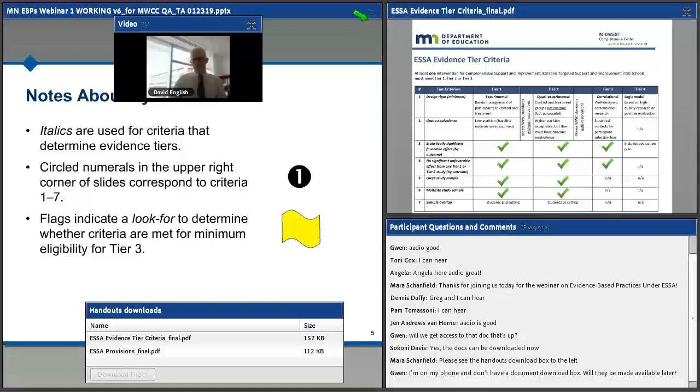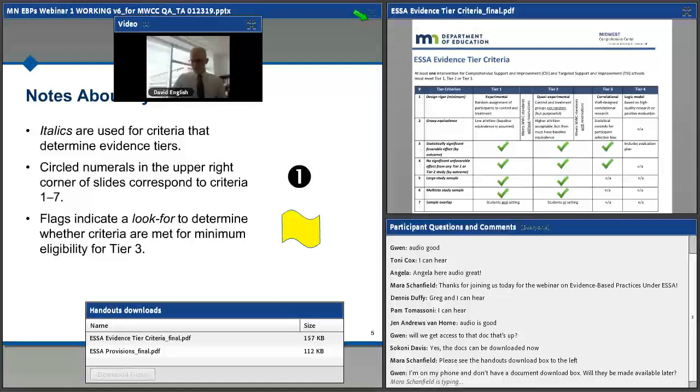Whenever you see a circled number in the upper right-hand corner of a slide, you know that slide is referring to a specific criterion, and that criterion is going to be indicated by the number in this anchoring table as well.